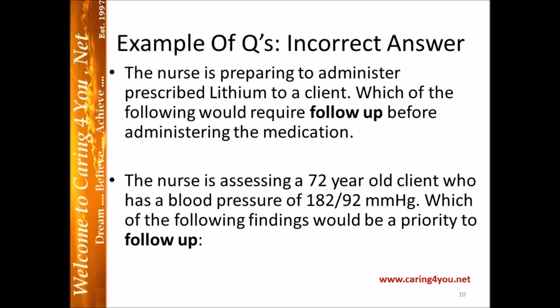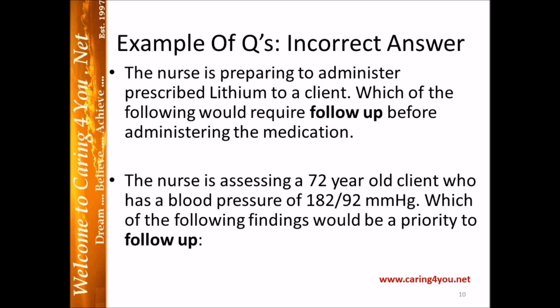This means that we are looking for an incorrect answer because of the word follow-up. Whatever it might be presenting, the incorrect assessment, the incorrect statement, the incorrect intervention, something needs to be followed up. So the incorrect answer would be correct.